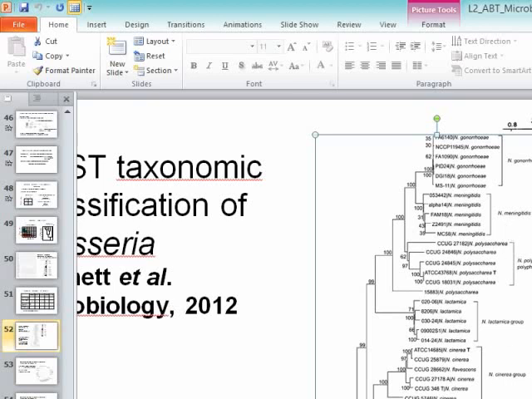So this is probably a truer reflection of the evolutionary relationships between these bacteria than this one, because you would have to look back in the data here and figure out exactly which characteristics were involved in placing this group of bacteria together with the meningitis bacteria, and figure out whether it's homoplasy or not.